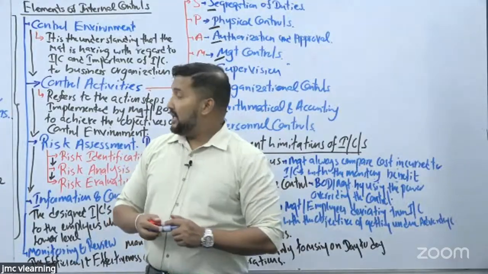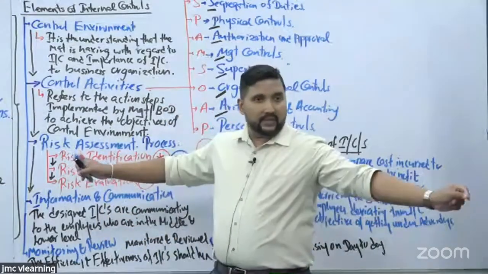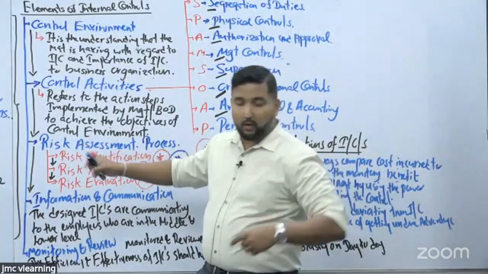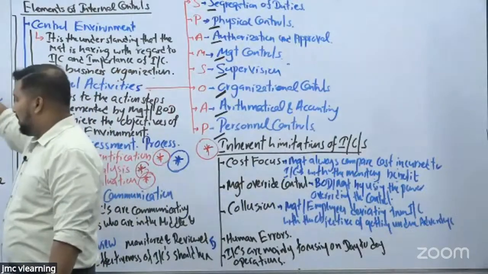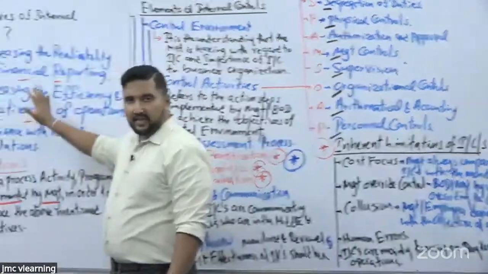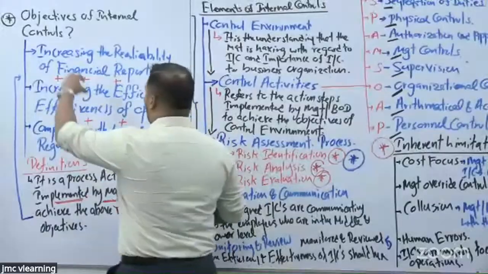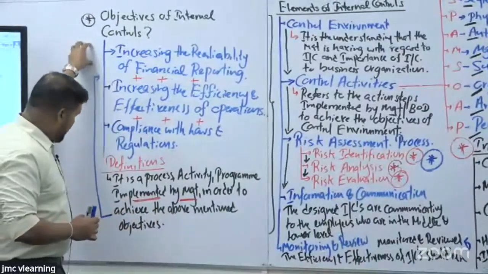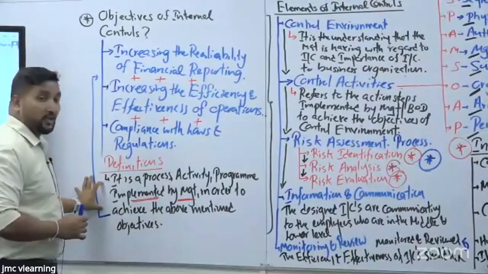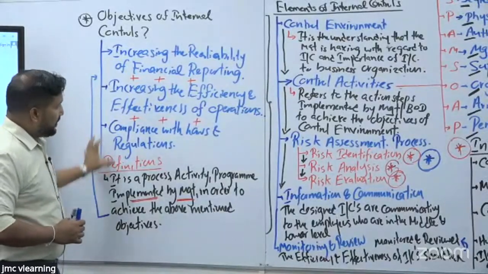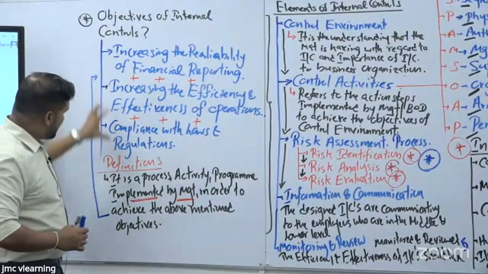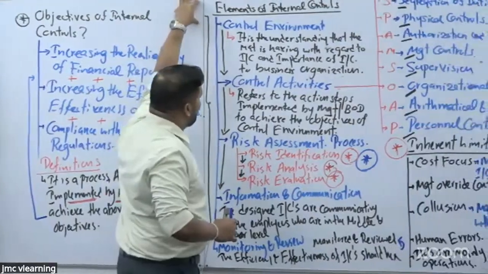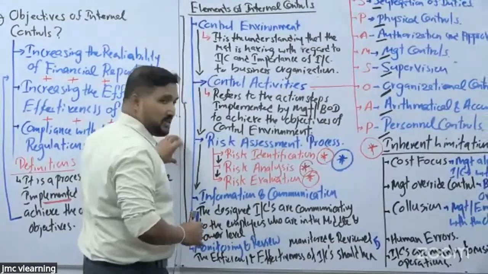Yes, sir. Right. Okay. So when you look at it from the broader perspective, these are the areas that I wanted to cover. We discussed the objectives of internal controls. Based on those objectives, we covered the definition of internal controls. Then, based on the objectives and definition, we discussed the elements of internal controls, where you have 5 elements.